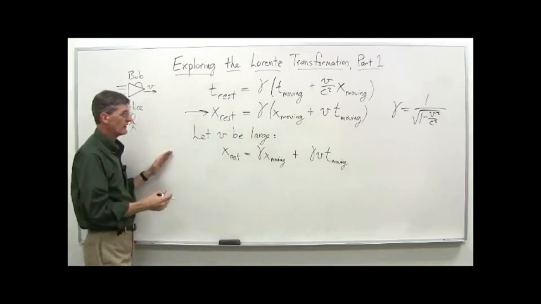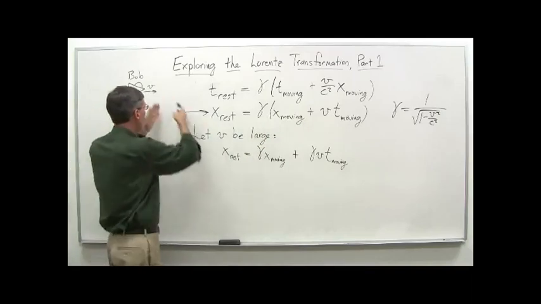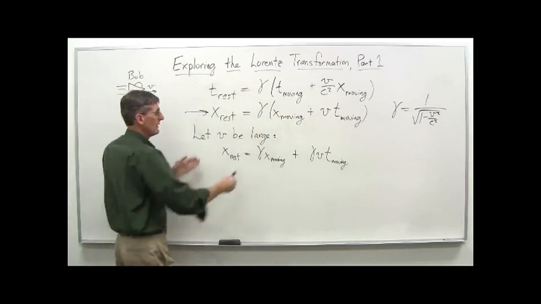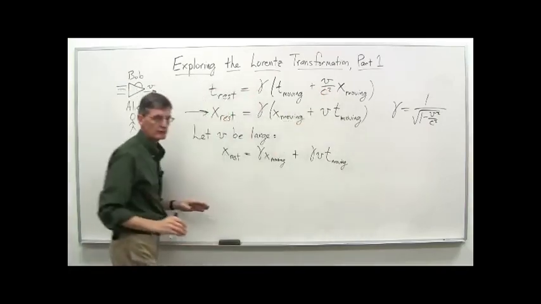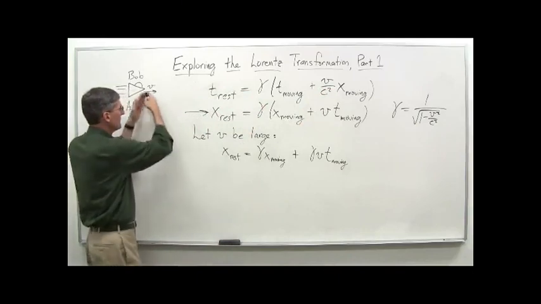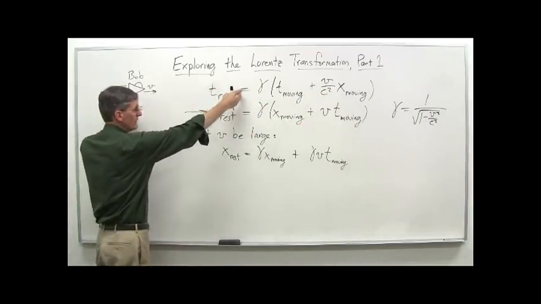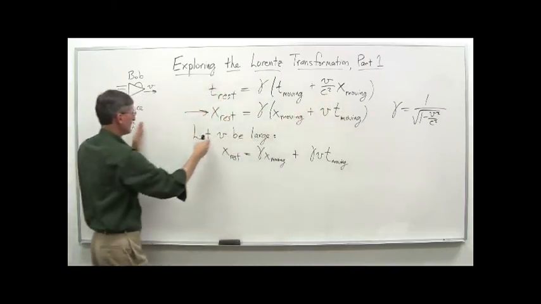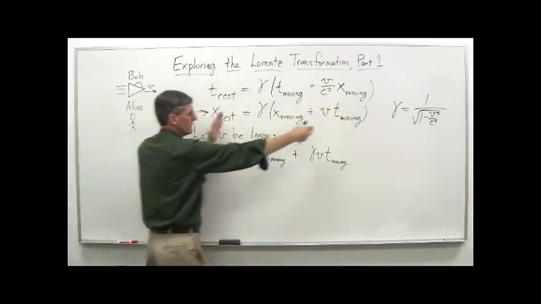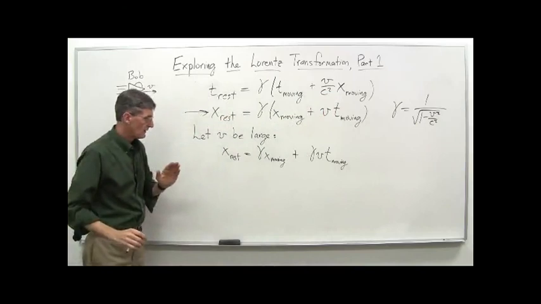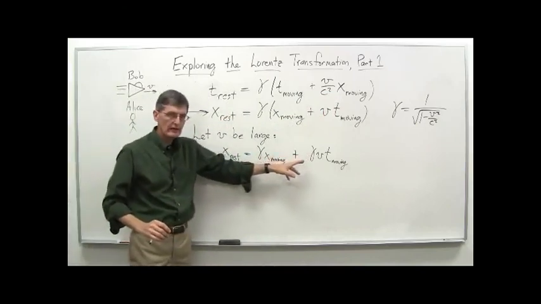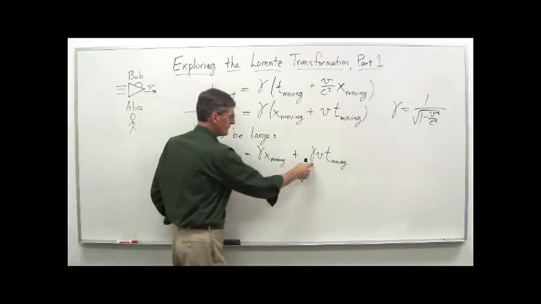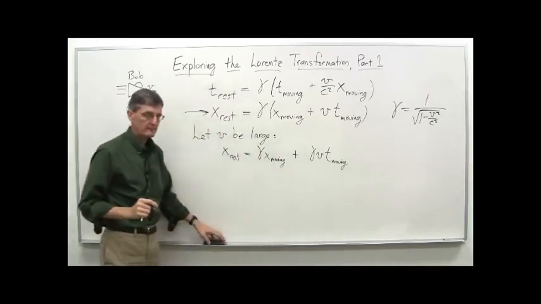Well, again, the general idea is how far has Bob moved? What time is the measurement being made? And then plus whatever he's measuring out here. We're assuming it's a positive value. So we're assuming he measures it at 23 out here. But in the meantime, he's also moved over here. And so the distance for Alice will be that distance plus that distance. So this looks similar to the Galilean transformation, same concept, except we've got these gamma factors in here.